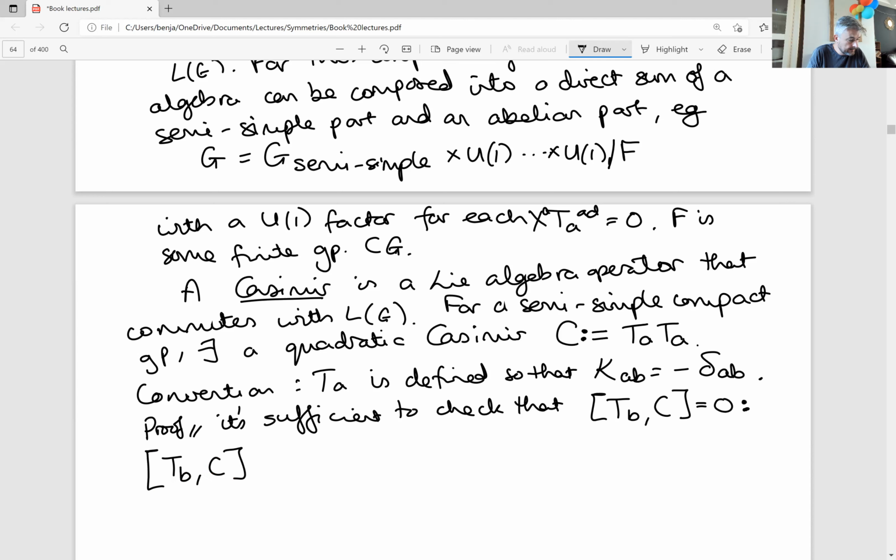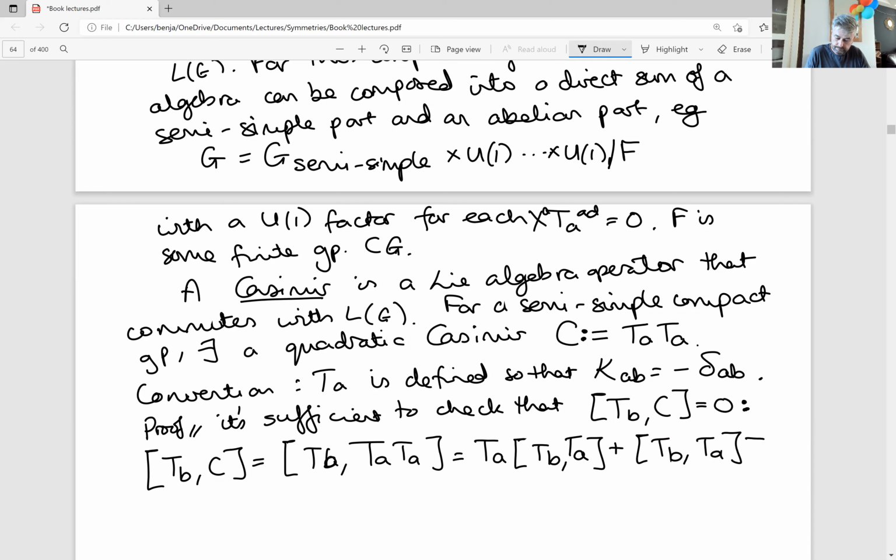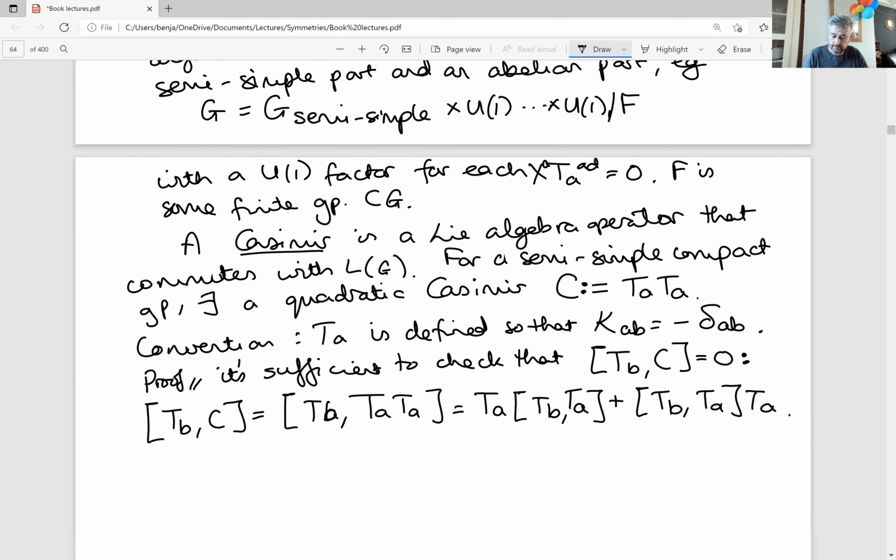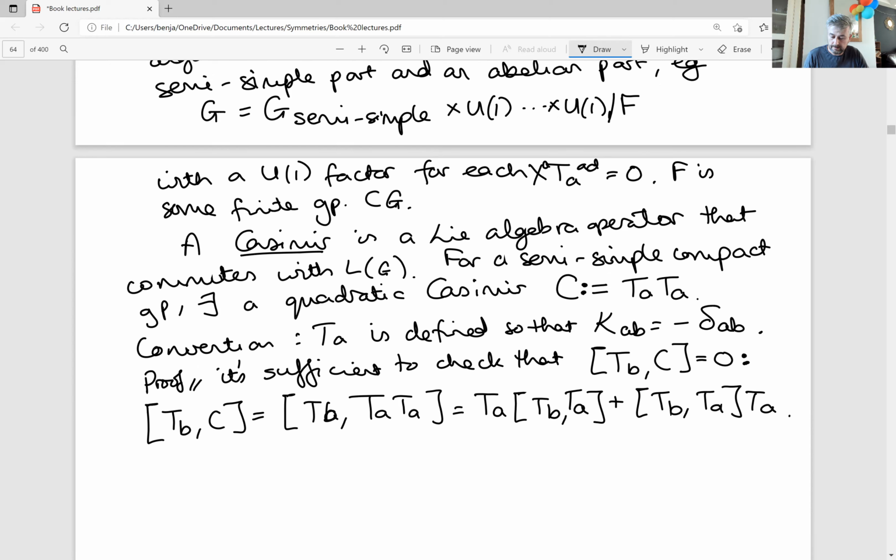So TB, C, well, the Lie bracket is such that we just substitute in for C. And I can write this commutator as the sum of two terms. And the additional terms that we get from the Lie bracket just cancel between the first and the second terms.